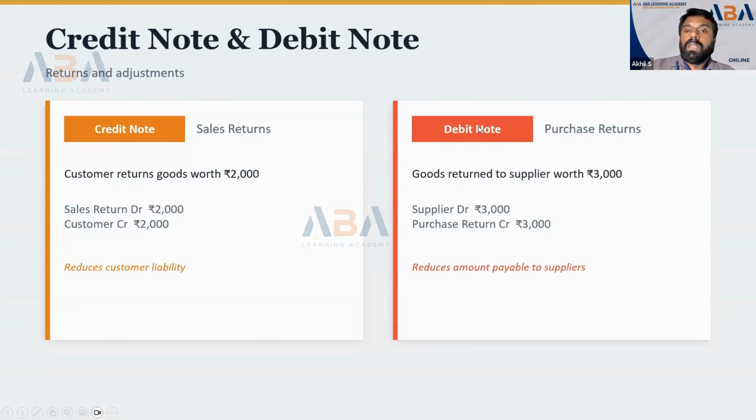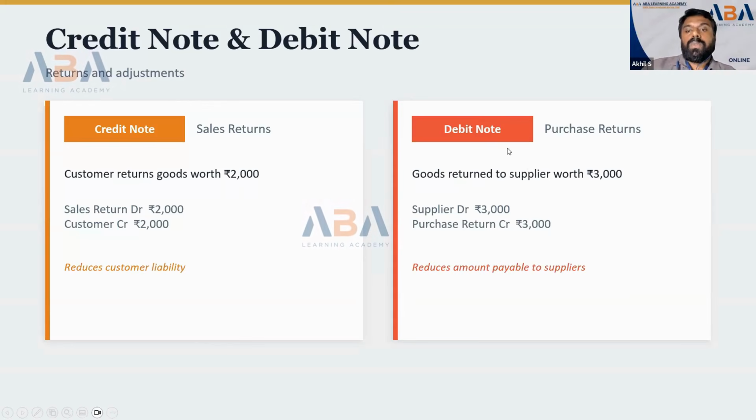You have to press and hold Alt and press F6 at the same time, and it will take you to credit note. At the same time, if you want to access purchase return or debit note, press and hold Alt and then select F5. It will take you to debit note.